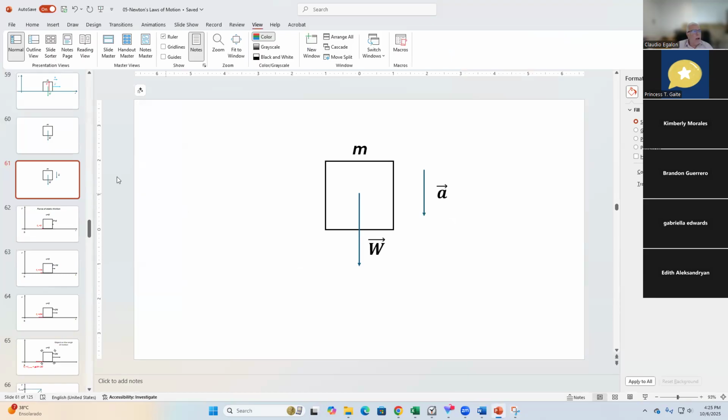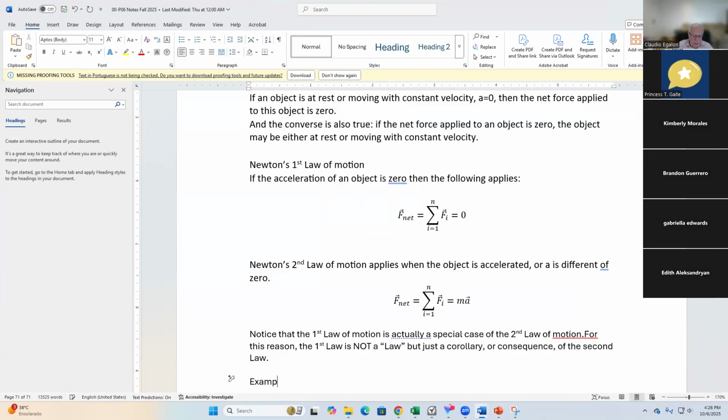I'm going to give you some examples. Here is the simplest example of the second law of motion: an object subjected only to the weight is accelerated, where the acceleration is equal to the acceleration of gravity.